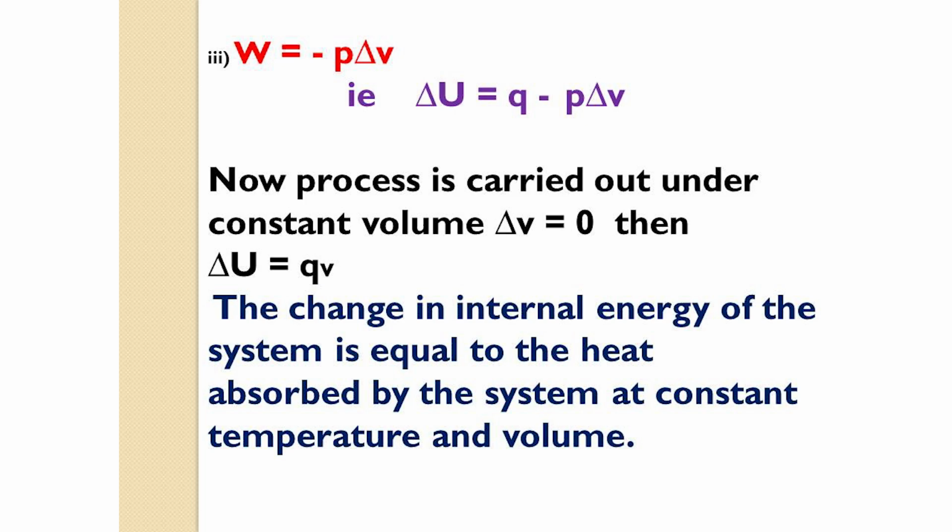Internal energy change is the heat absorbed by the system at a constant volume. That is the equation. How will you represent internal energy change? Delta U equal to QV. That is heat evolved or absorbed at a constant volume. That is the definition of internal energy change.